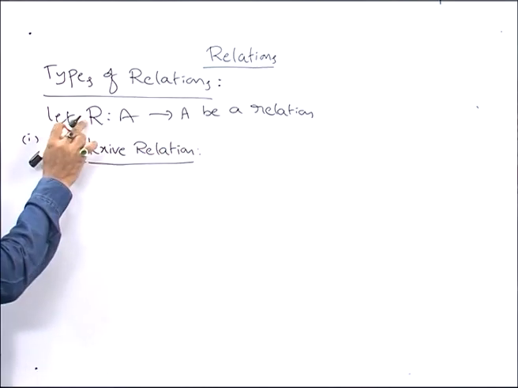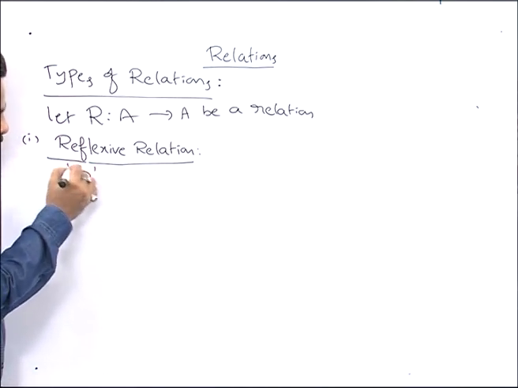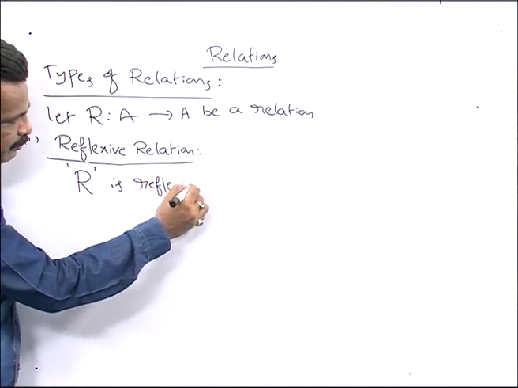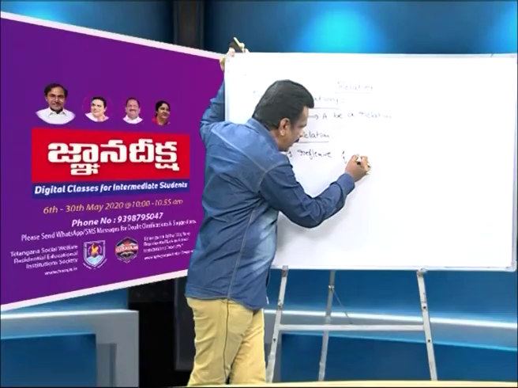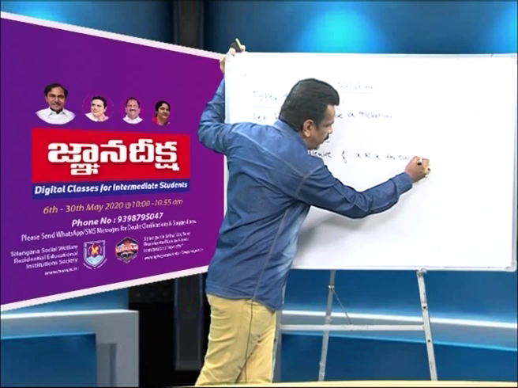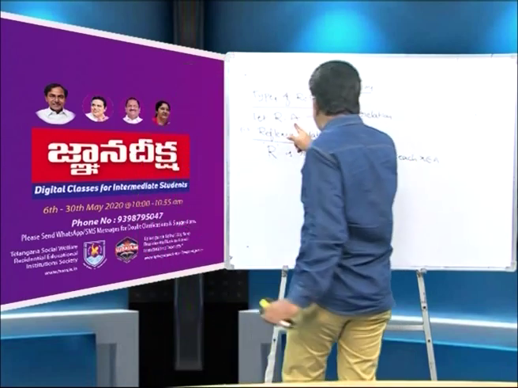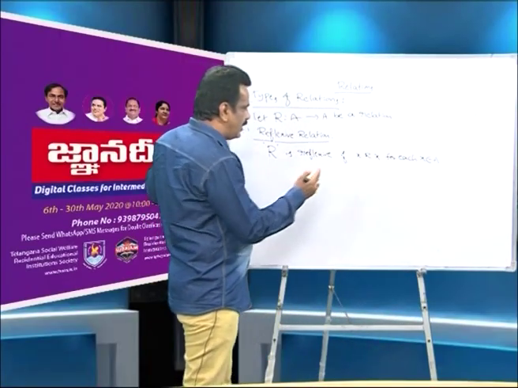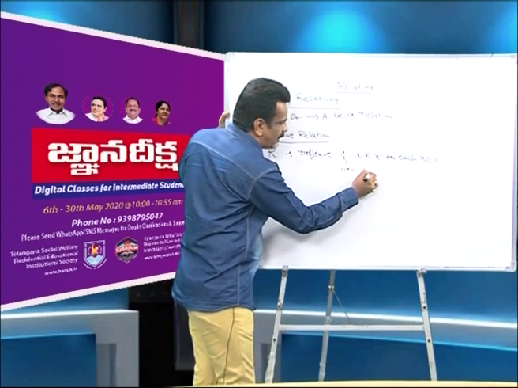So when do you say this R is a reflexive relation? We say R is reflexive if x R x for each x belongs to A. It has domain A, and in that domain we have element x. x R x means x is connected to x itself, that is the ordered pair x comma x.